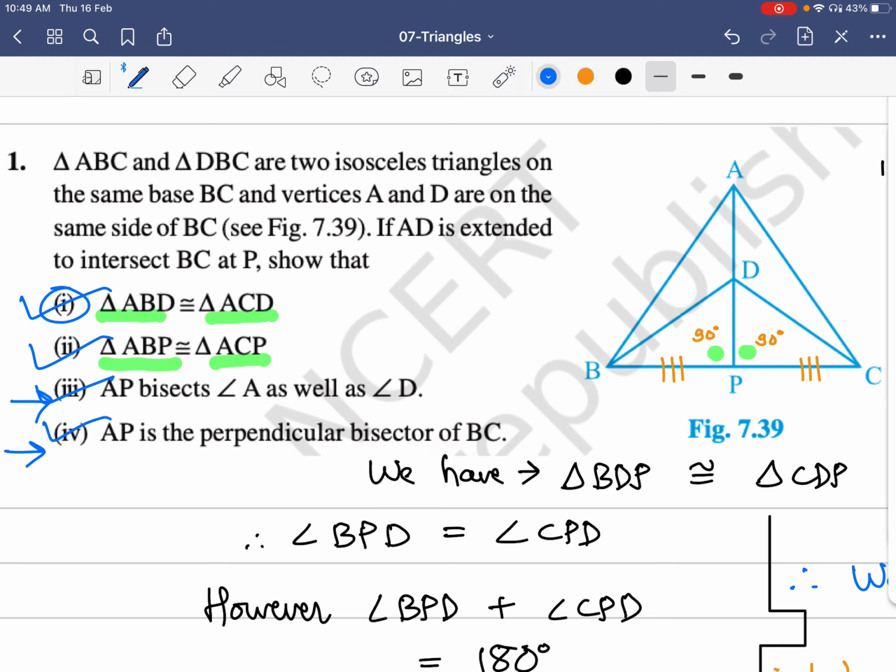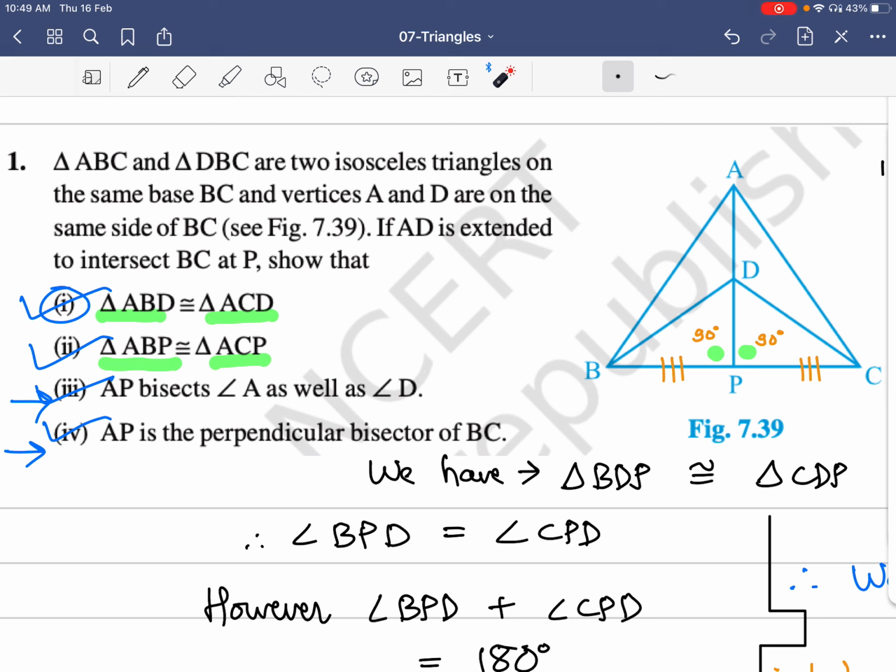So in this way we have shown step by step all the 4 things that we were supposed to prove in this question. The most important thing is, in every step when we prove this triangle is equal to this triangle, we take some conclusion out of it and use it to prove the next point. So these are follow-up parts of the question, where from the previous proofs we use some piece of information and prove the next point.